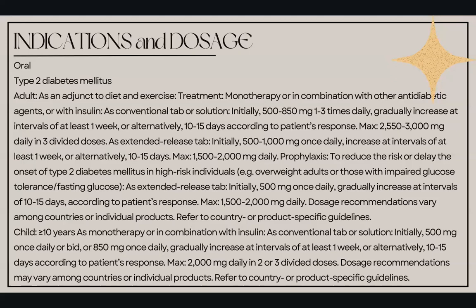As for the child, 10 years and above, as monotherapy or in combination with insulin, as conventional or tablet solution, initially 500 mg once daily or twice a day, or 850 mg once daily, gradually increased at intervals of at least 1 week, or alternatively 10 to 15 days according to patient's response.